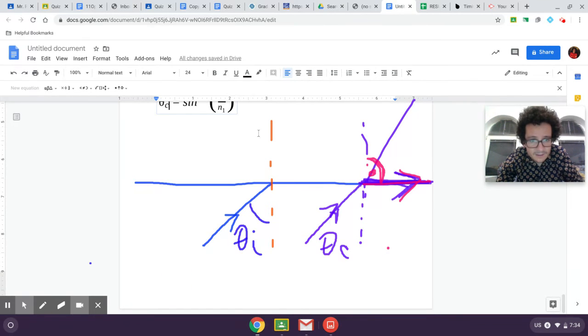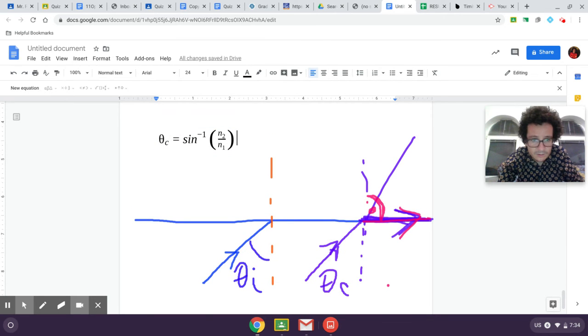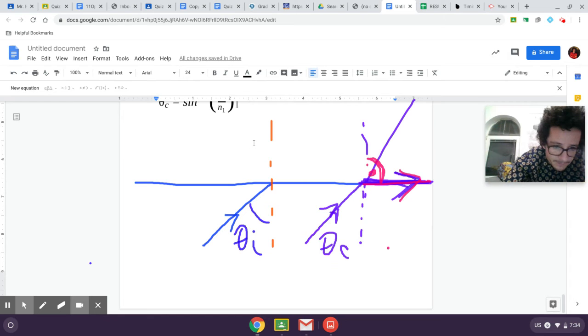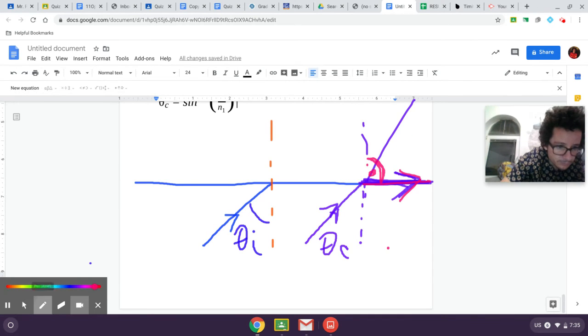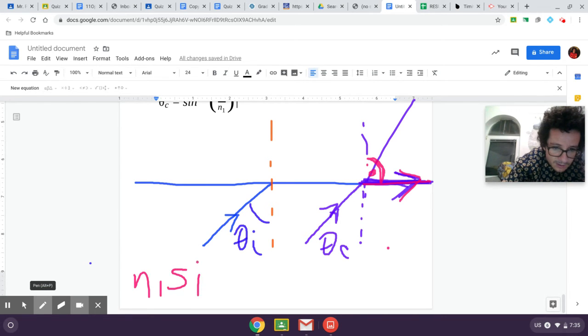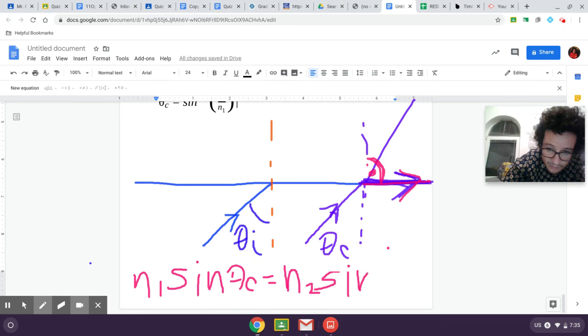Let me write it here. n1 multiplied by sinus of, let's call it the critical angle, is going to be equal to n2 sinus of how much? 90 degrees.